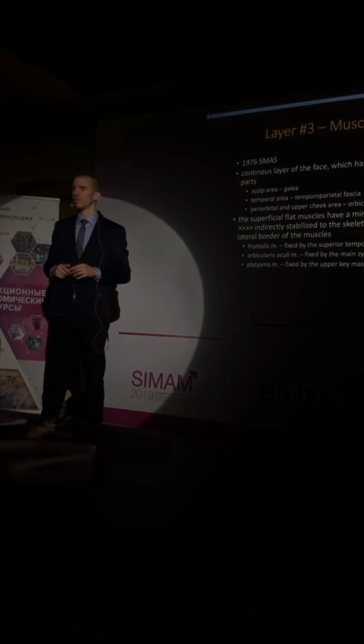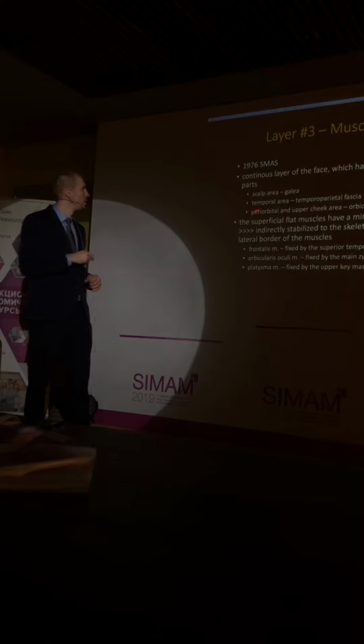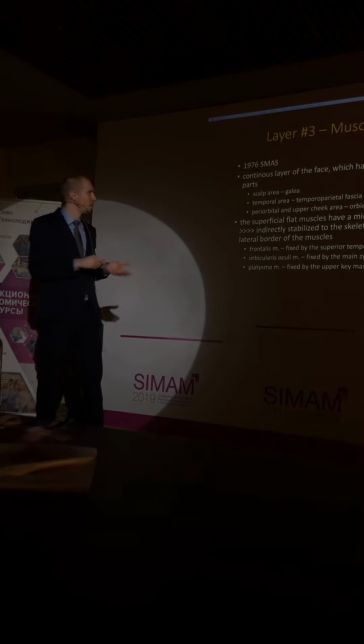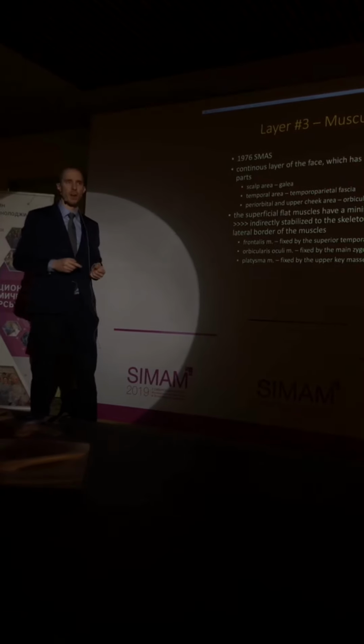Please understand that the galea is in the third layer, so the galea aponeurotica of the scalp is a representation of this layer. If you think of the temporal area, what's layer number 3? Obviously the temporoparietal fascia.